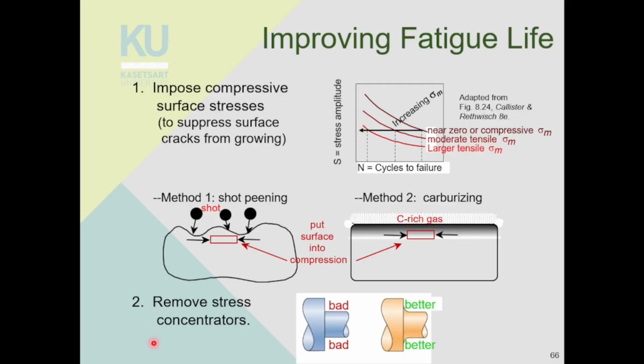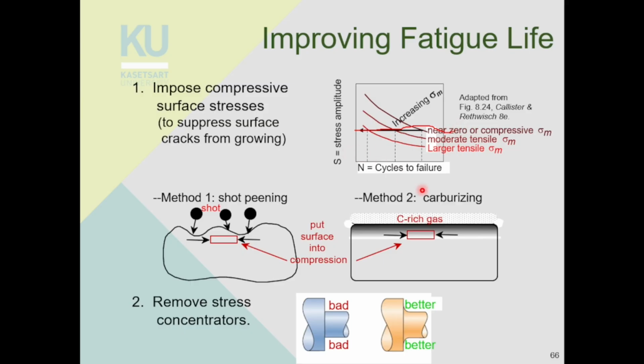And you can see that if you're using it at the same stress amplitude, the number of cycles to failure will increase. So for a larger sigma m, you get this SN curve. For a moderate sigma m, you get this SN curve. For a near zero or compressive sigma m, you get this SN curve. So for a larger tensile sigma m, that means you have positive sigma m. And how do you change from larger to moderate to zero sigma m?